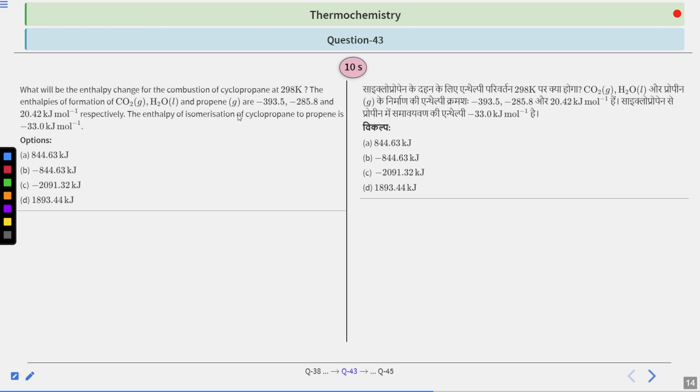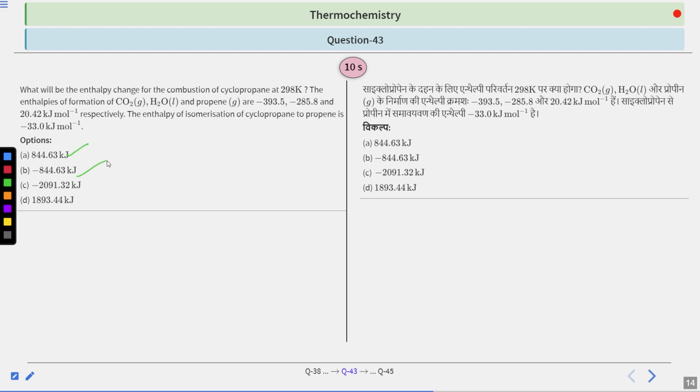Your options are A, minus 84.64 kilojoule, B, minus 844.63 kilojoule, C, kilojoule, D, 1893.44 kilojoule.